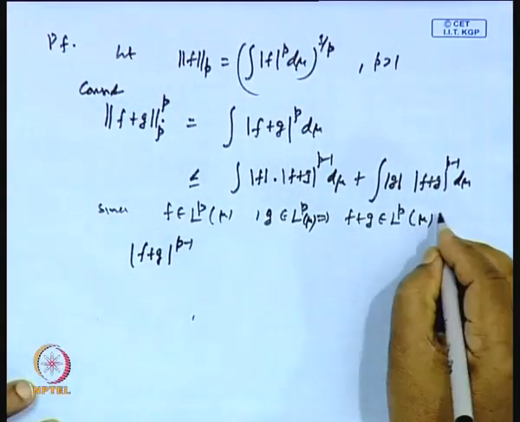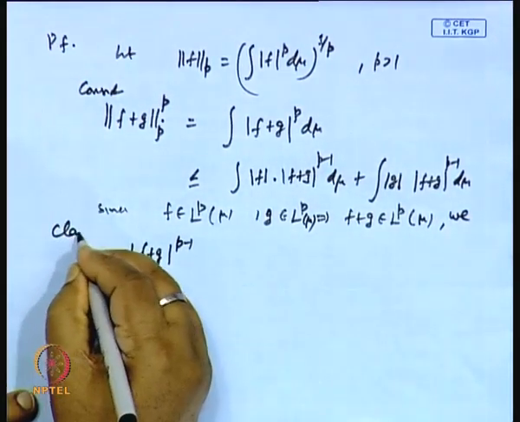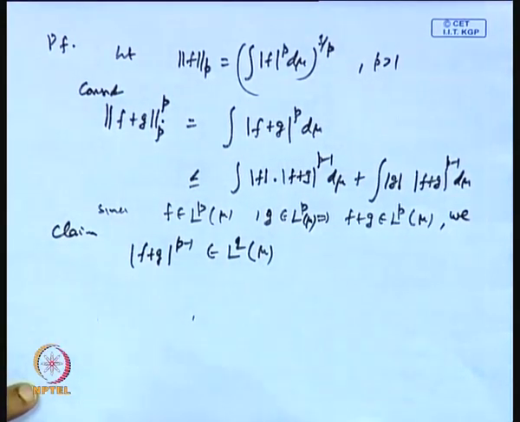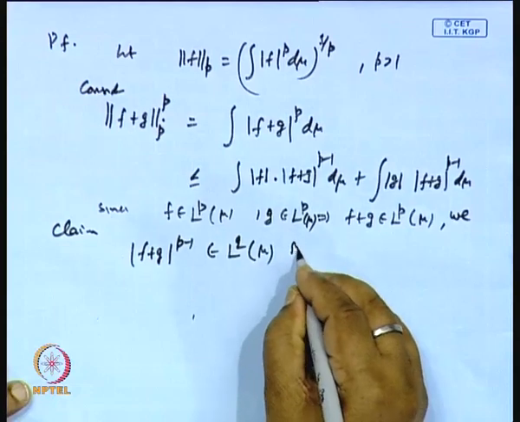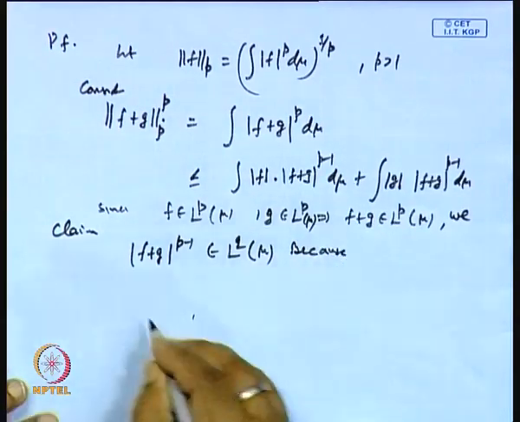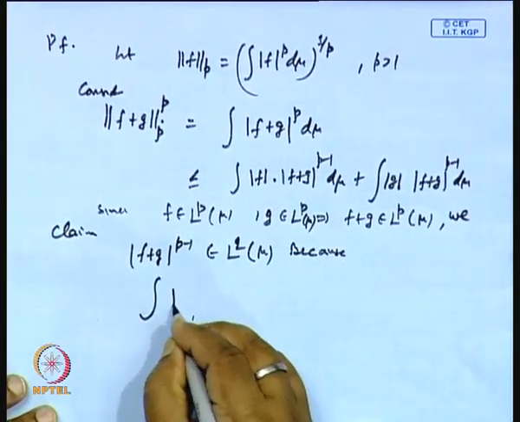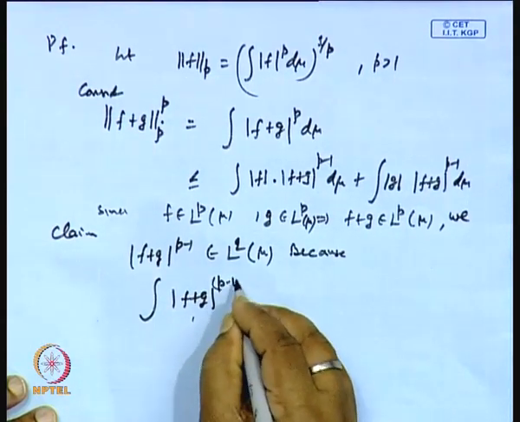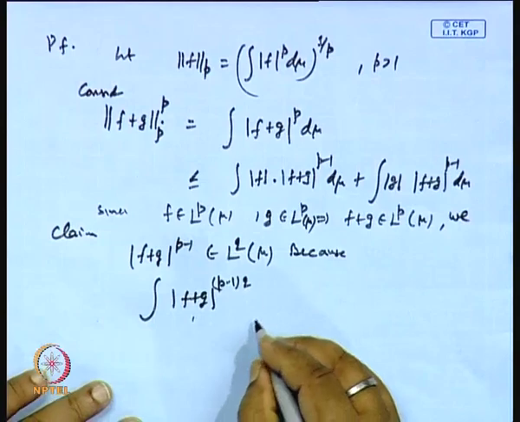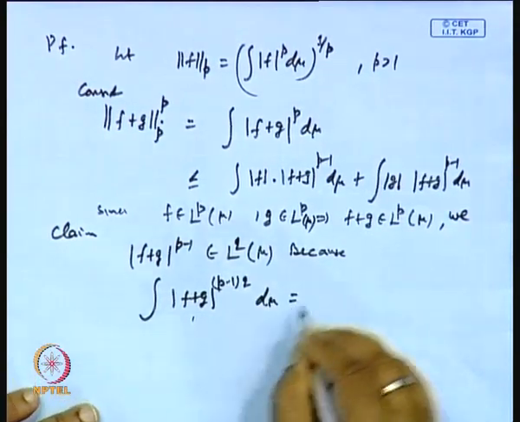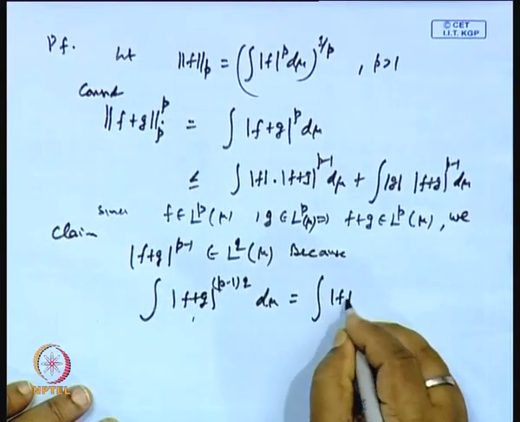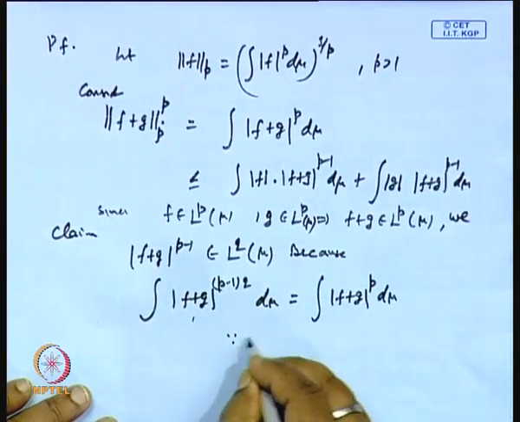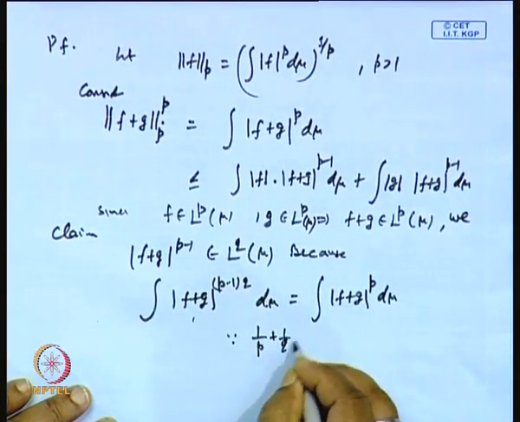We claim that this is in L q space, because if we find the integral of mod f plus g power p minus 1 raised to the power q d mu, then what we get is integral mod f plus g power p d mu, because 1 by p plus 1 by q is 1.